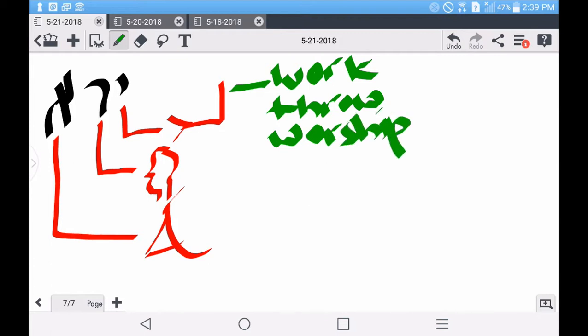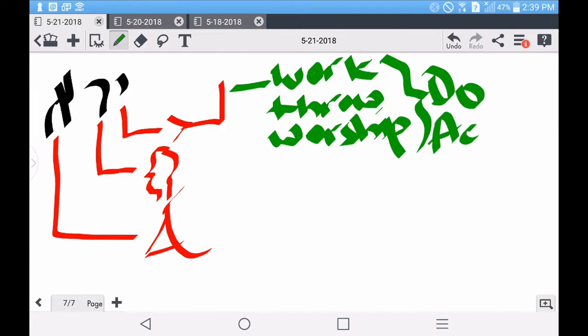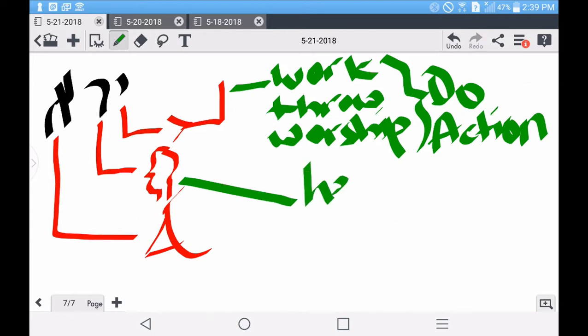These are all things that can be done with a human arm or hand. And so it really means it's related to doing or to an action, okay? A physical action.